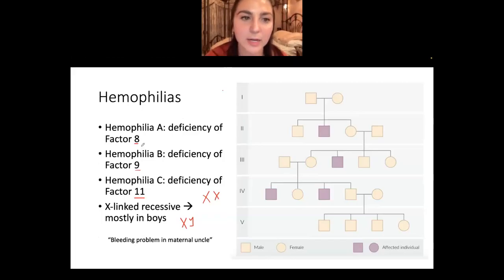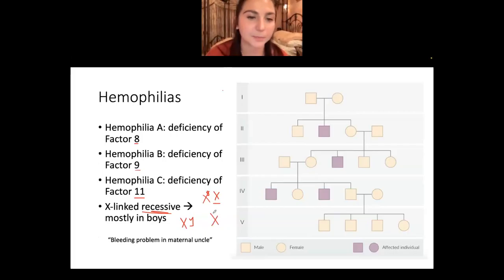So let's say the hemophilia A is recessive, so you need both bad copies to have an effect. With girls, there's 2 X chromosomes. So let's say this one is affected. I'll draw, let's say it's hemophilia A, so I'll draw an 8. So now we have one X chromosome that has the deficiency of factor 8. Doesn't matter because the other one takes over.